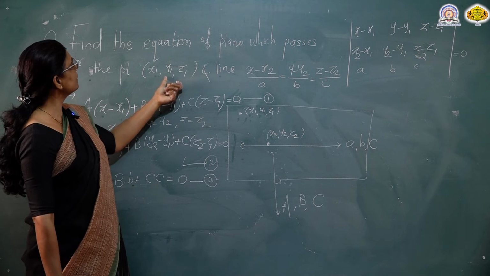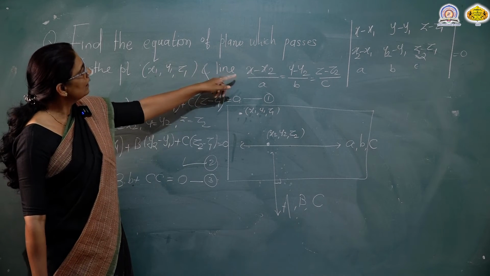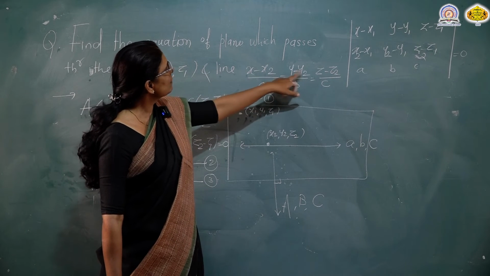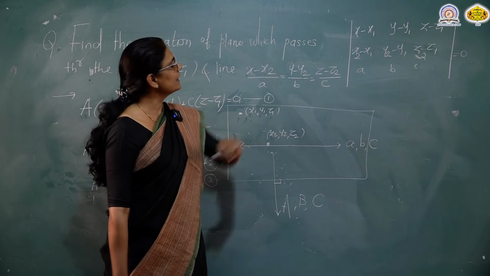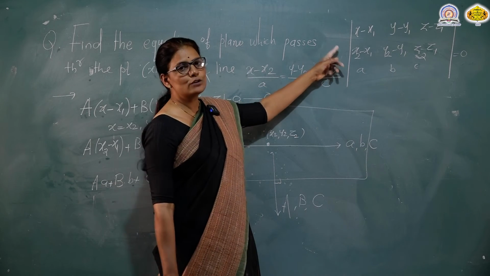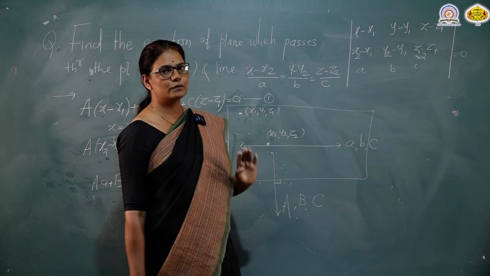Now solving this determinant, we will get the required equation of the plane, that is the equation of the plane which passes through the point x1, y1, z1 and contains the line (x minus x2)/a equals (y minus y2)/b equals (z minus z2)/c. So remember, this is the required equation of the plane.